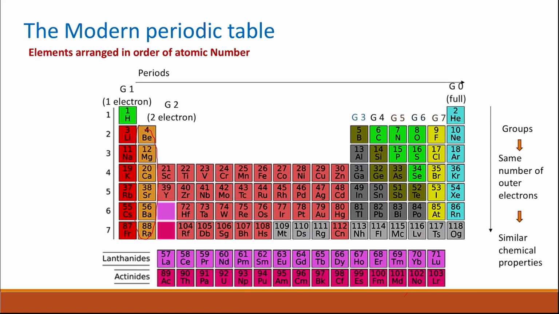At the far right of the periodic table, you can find group 0 elements, which are called the noble gases. All of these elements have a complete outer shell of electrons, or full outer shell of electrons. This is why these elements are completely non-reactive.